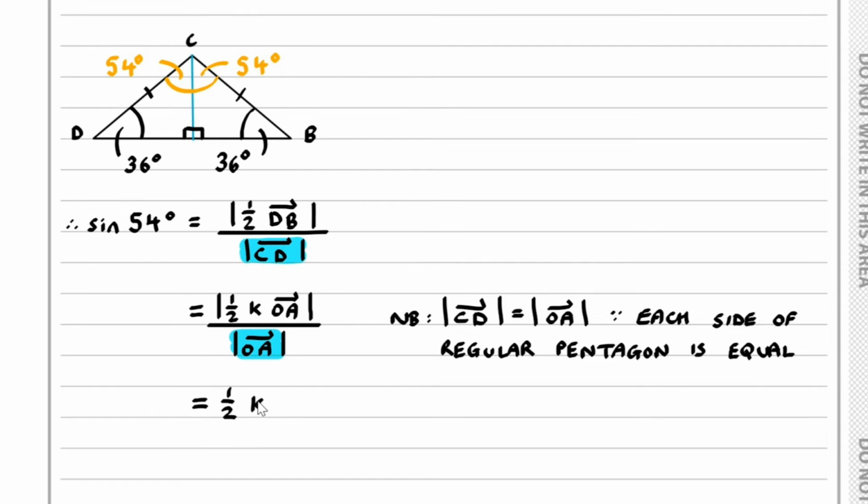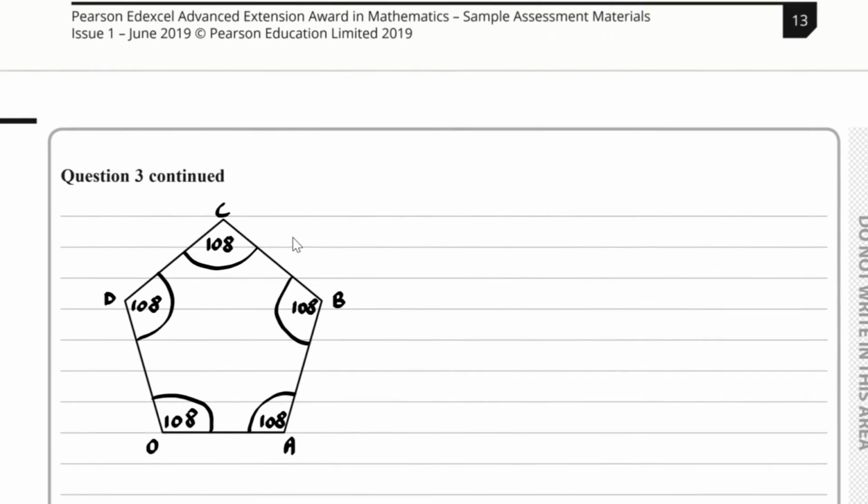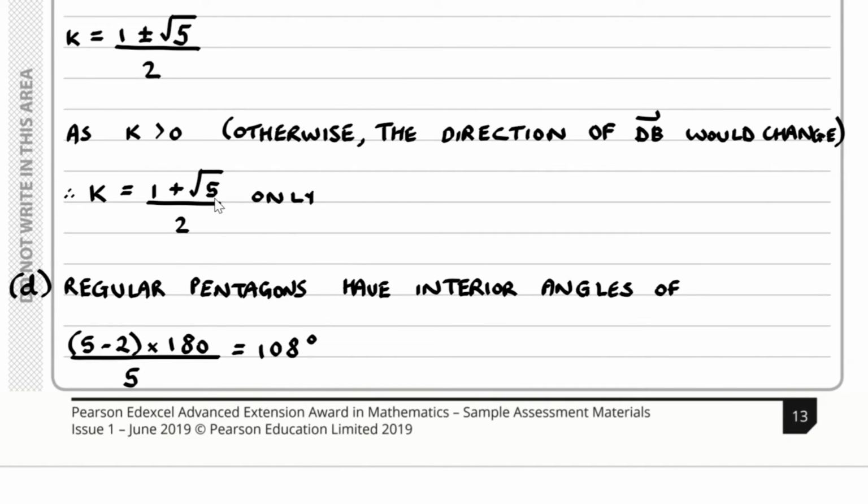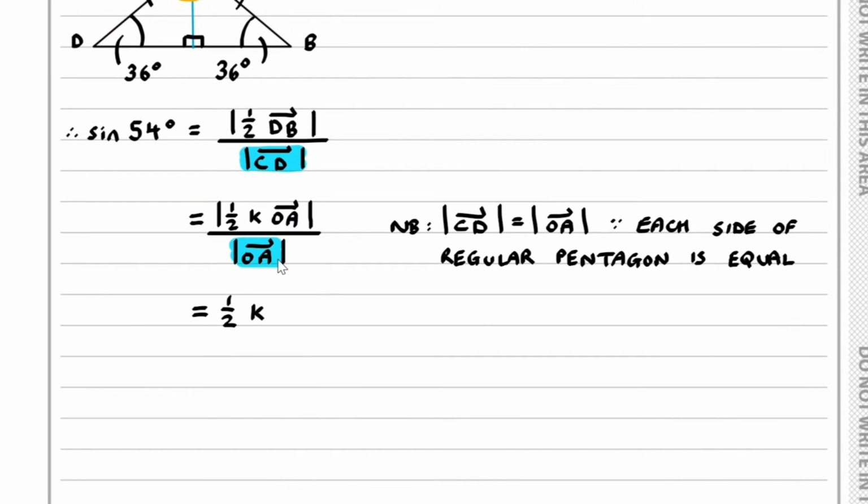But we already know what k is. That is (1 plus the square root of 5)/2.